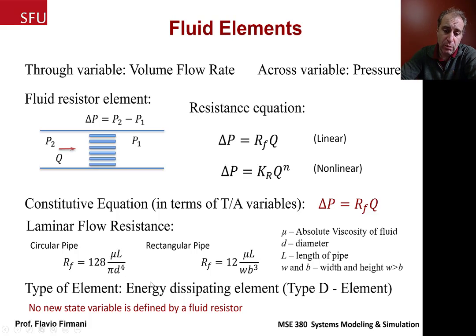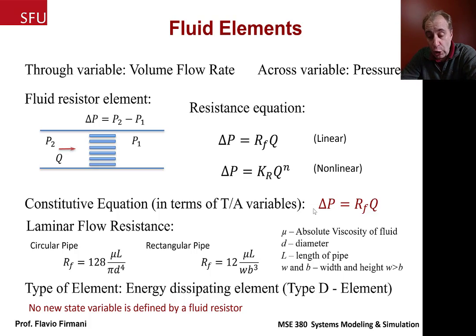So once you establish the numerical value of the fluid resistance, then you can substitute it into the constitutive equation, and now we have that the difference in pressure is going to be equal to the fluid resistance times the flow rate, or the volume flow rate.